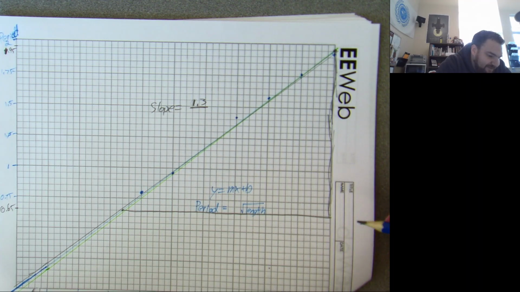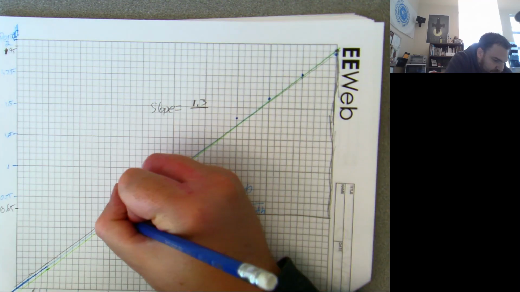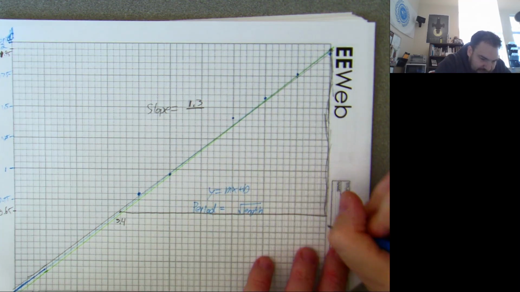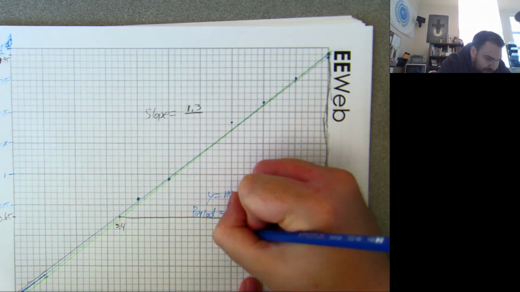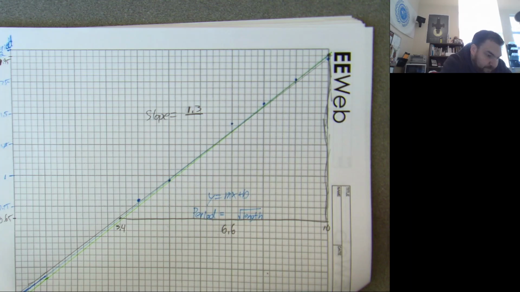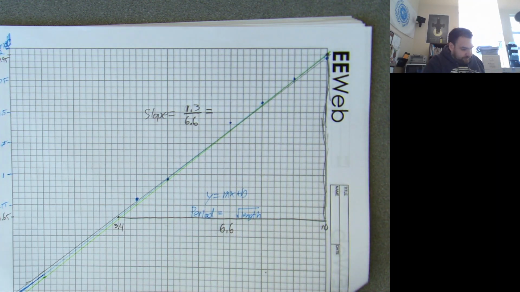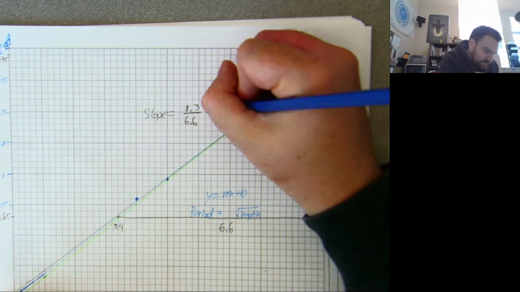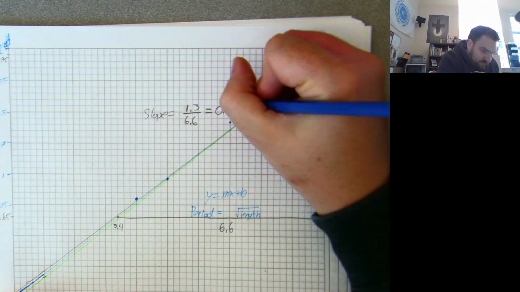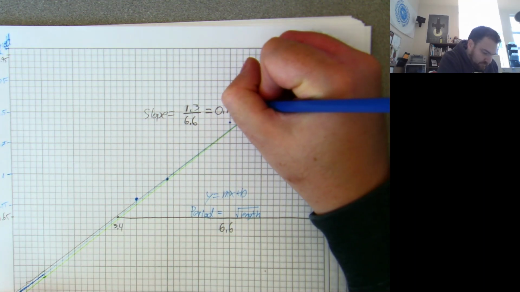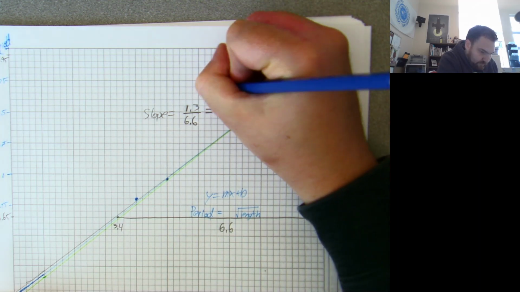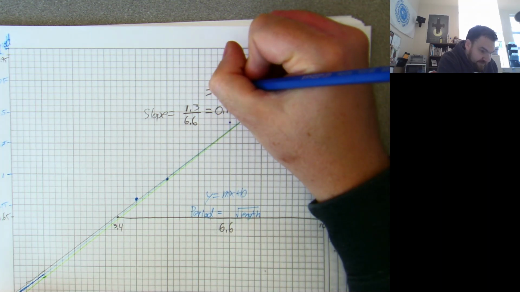And then this is going to go from 3.4. 2 sig figs, it's going to be that.